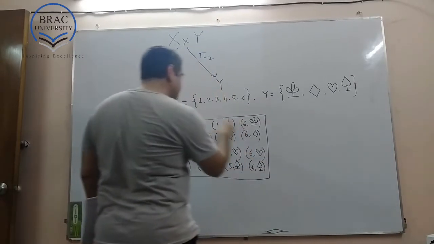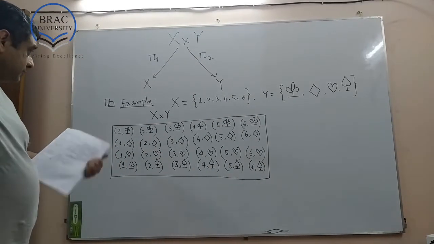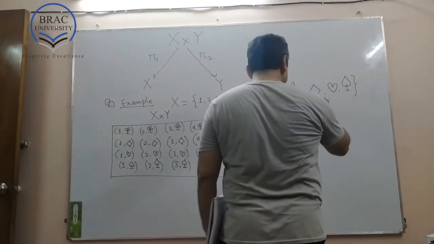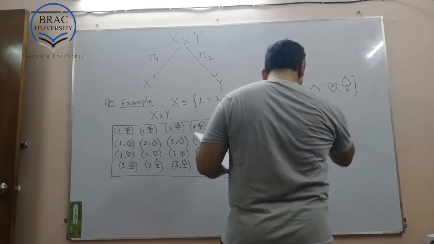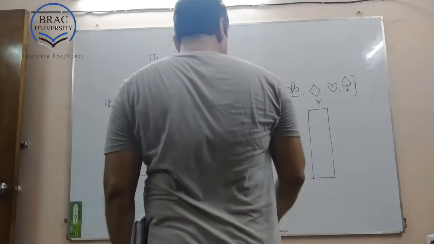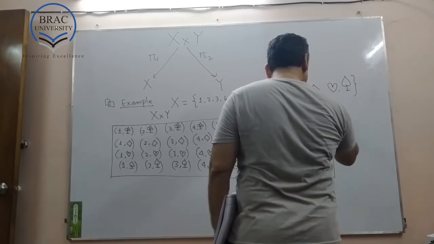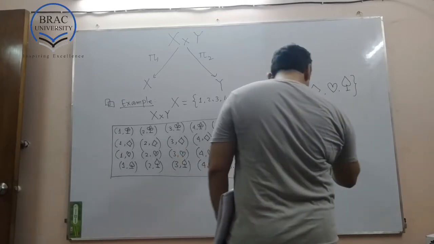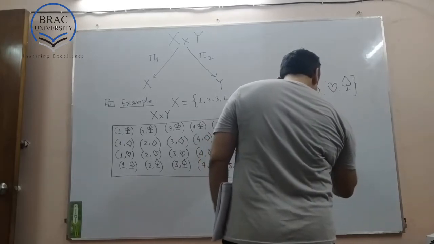So we have 24 elements in this set, as you can count. Alright, so this is X cross Y. Then on the right side we have simply Y, which is just a 4-element set. The first row corresponds to the club, the second row to the diamond, the third row to the heart, and the last row to the spade.